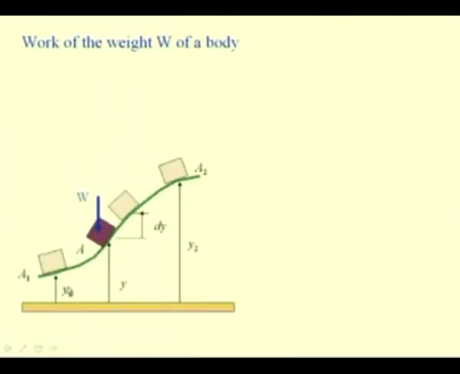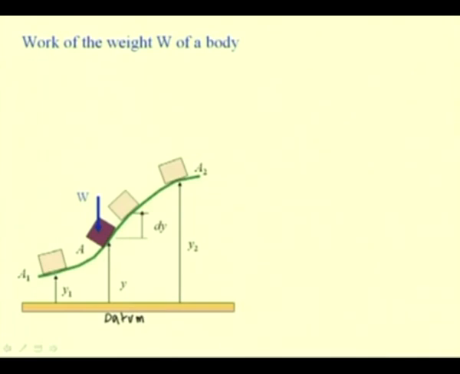Let us compute the work done by the weight of the body in raising the object. So, here we see one path along which this body is being raised. The body is being raised from the position A1 to A2, and at any position the vertical displacement from the datum that we have considered, this is our datum, and this positive displacement is given by this value y.